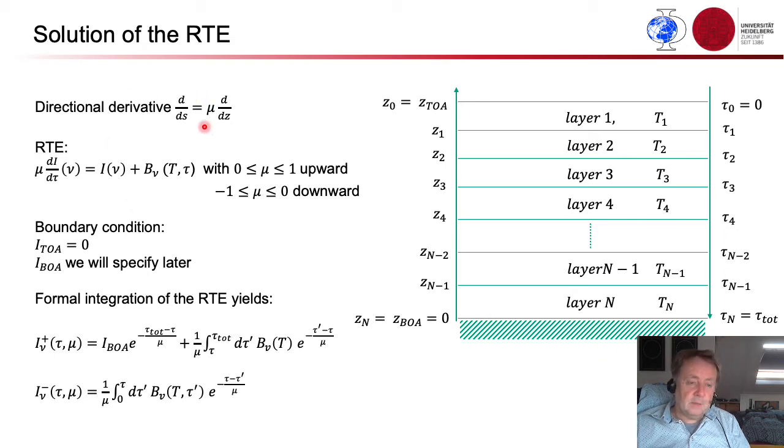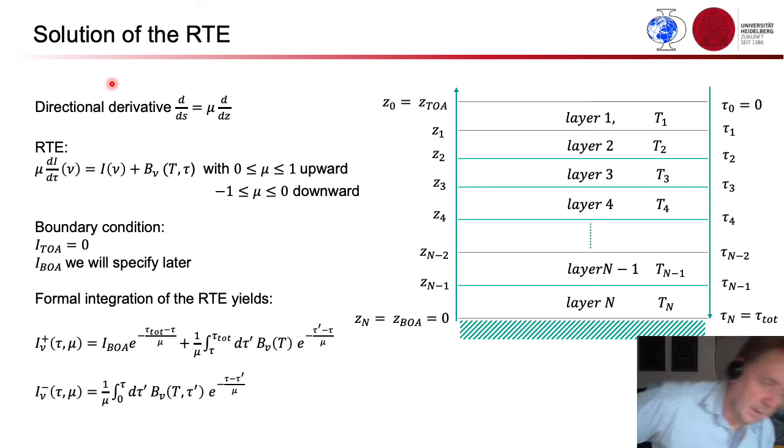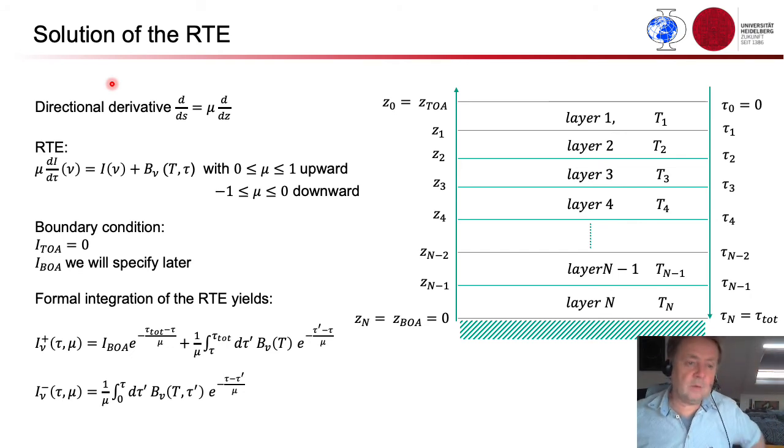The first thing is that we assume a plane parallel atmosphere as indicated in this figure, and for the plane parallel atmosphere we only have the z coordinate as a relevant coordinate, and the directional derivative d/ds is simply the cosine of the zenith angle times the derivative with respect to altitude.